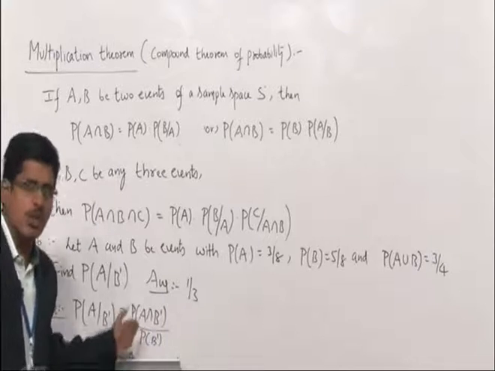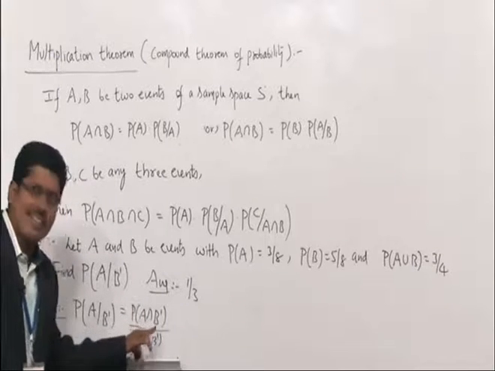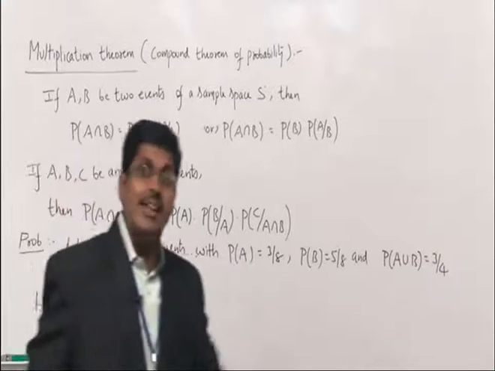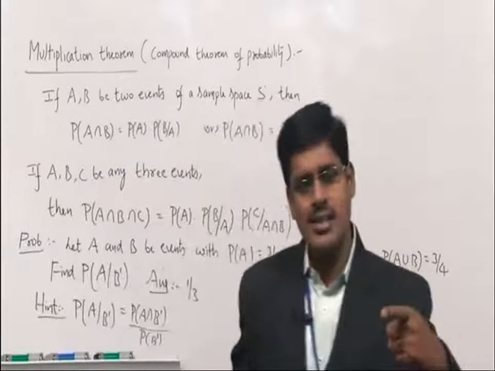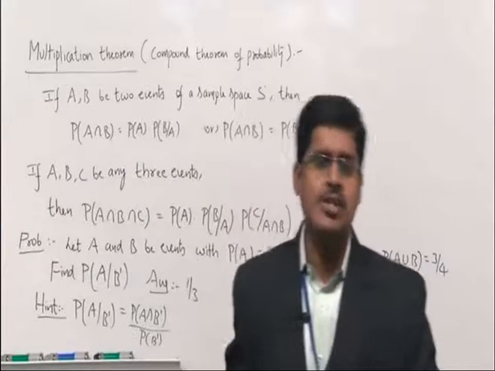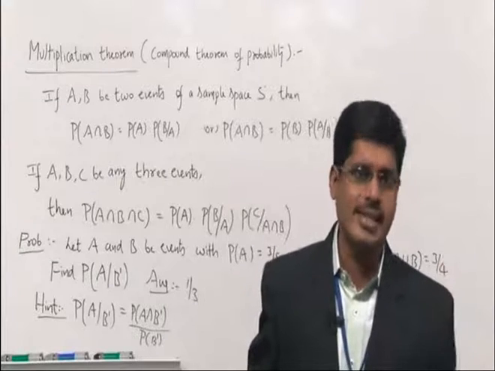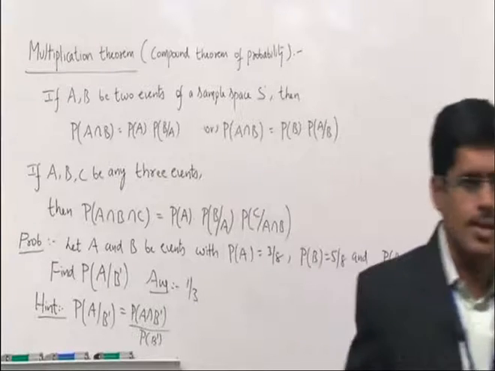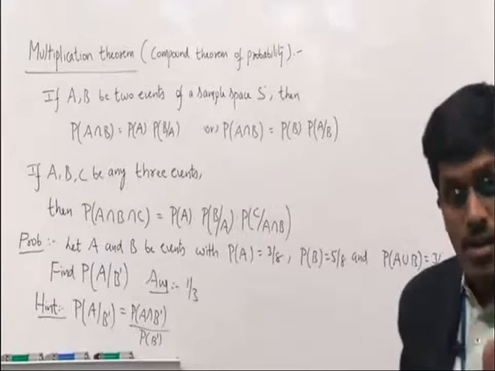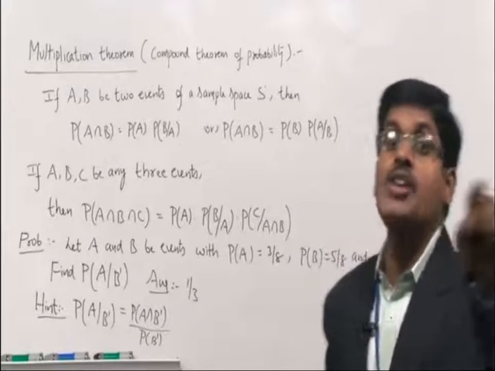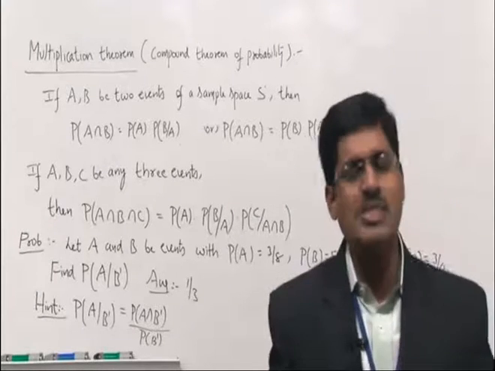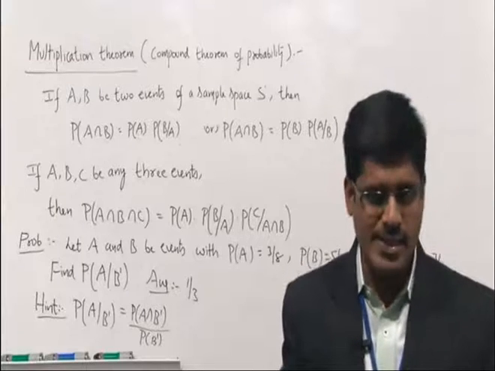That is P of B dash is equal to 1 minus P of B. And A intersection B dash is nothing but only A. That formula also I have given in the last class: P of A intersection B dash is equal to P of A minus P of A intersection B. Using that you will get the 1 by 3 answer. And remember not only these two but also P of A union B, the addition theorem of probability, that is P of A plus P of B minus P of A intersection B.